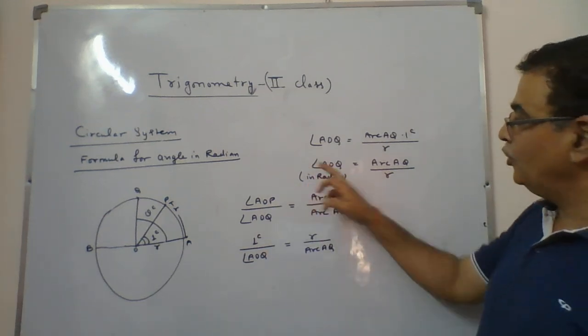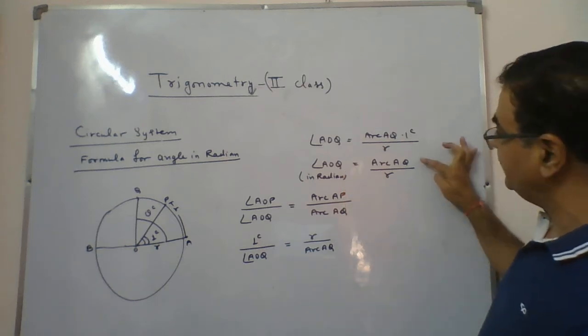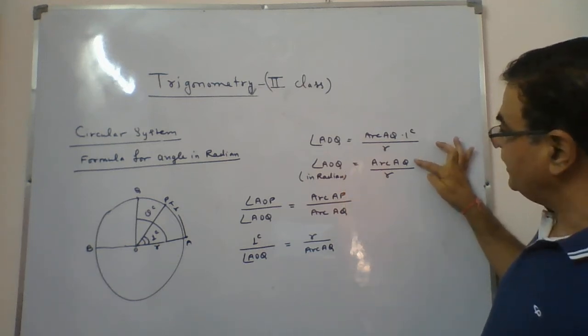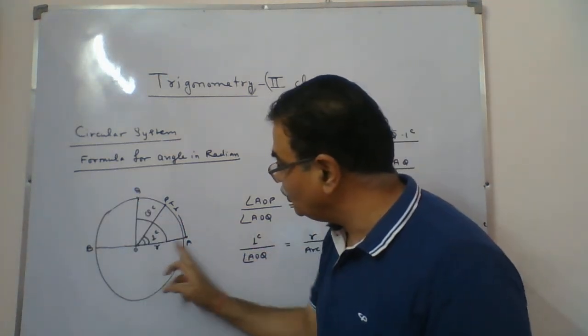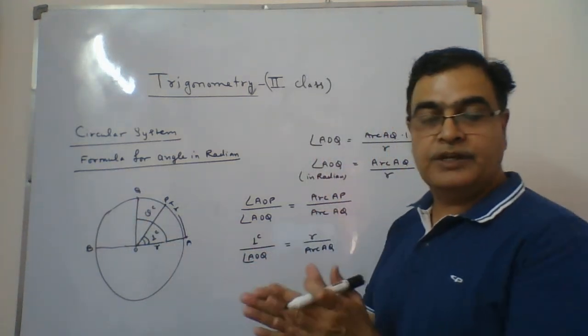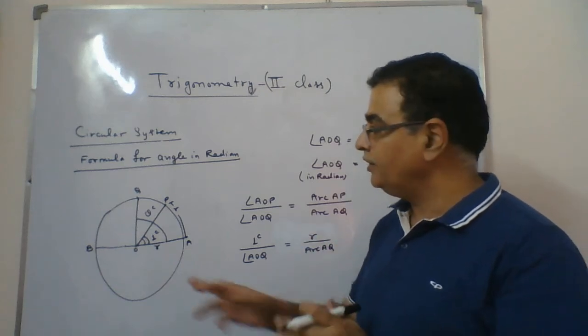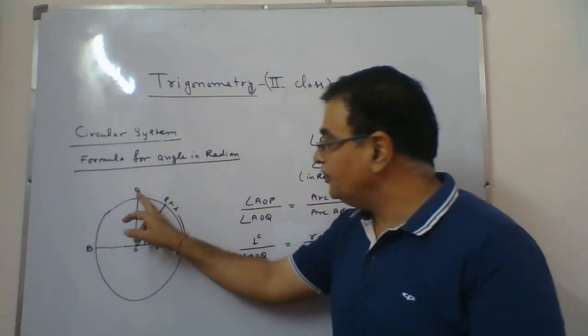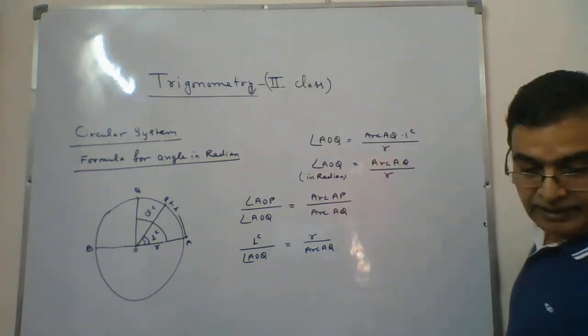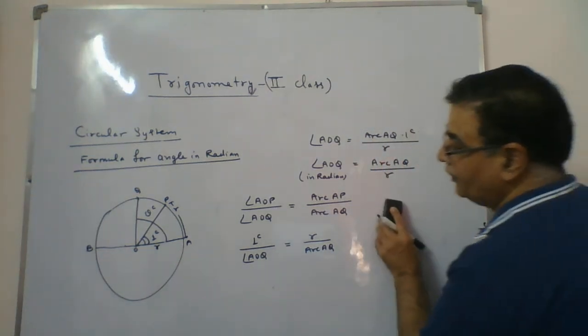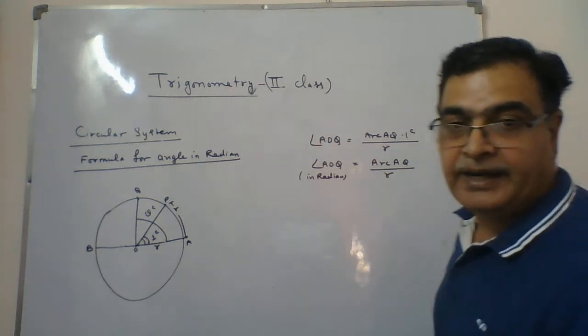So angle AOQ, if you want to take, this is equal to what? Angle AOQ, that is this angle, in terms of radian, what will it be? This arc length by the radius. So whenever you want to calculate angle in terms of radian, now I got a direct formula.